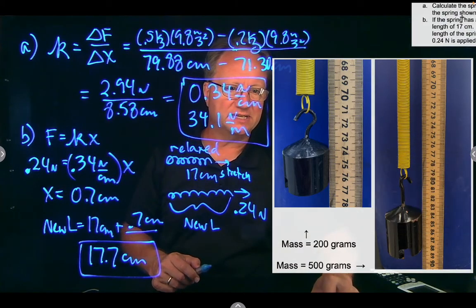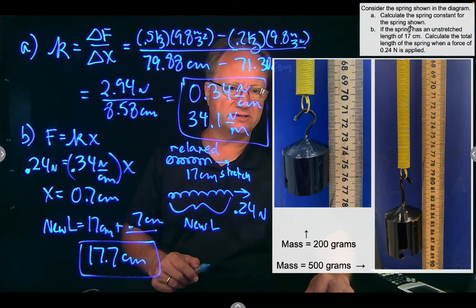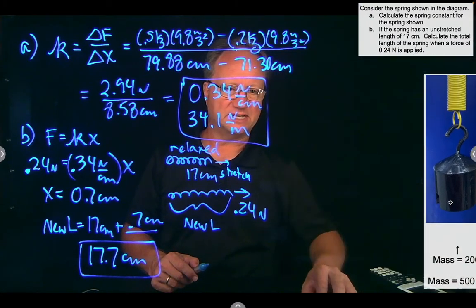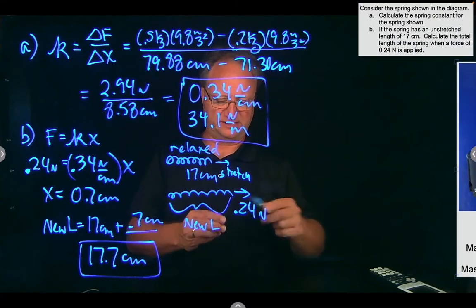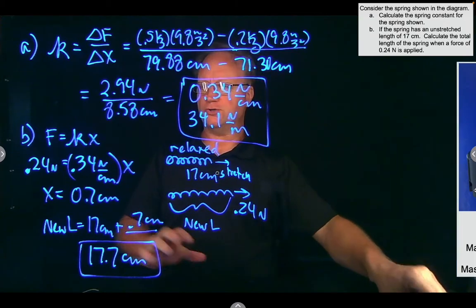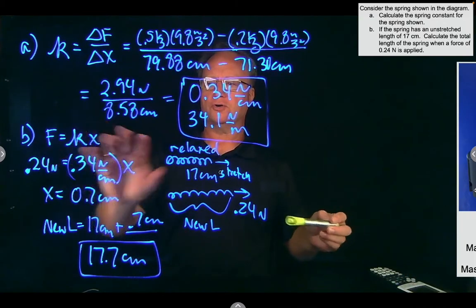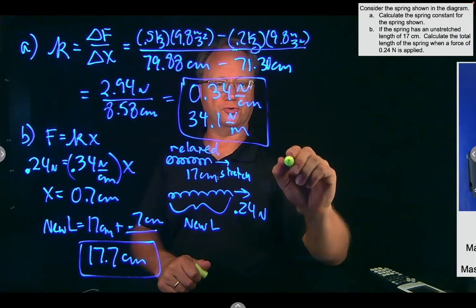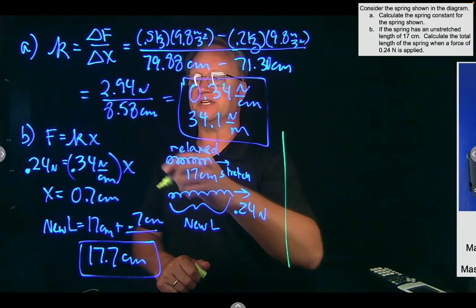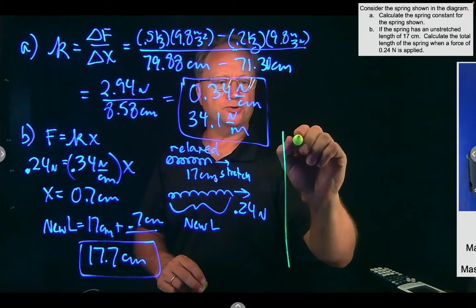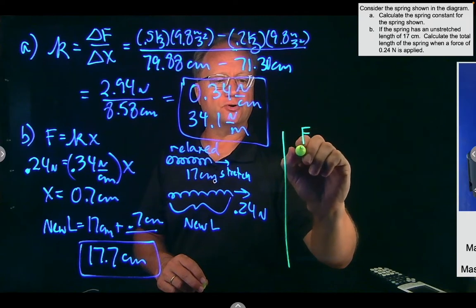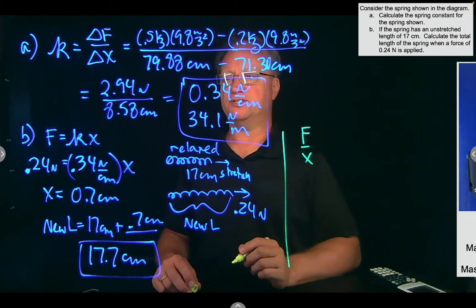Now, I want to give you a second logic to be able to think of this. Let me give us a little space here. So I'm just going to slide this diagram off to the side. You can also think of our reasoning here in proportional reasoning. So instead of using F equals kx, you could have just taken a ratio of force to distance stretched.